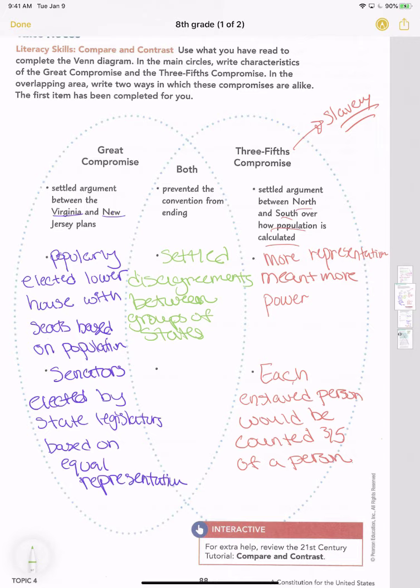A compromise is having two parties coming together, giving up something to settle an issue, right? All right, and then lastly, it was based on population of a group of people. That's what I would put. Based on population of a group of people.